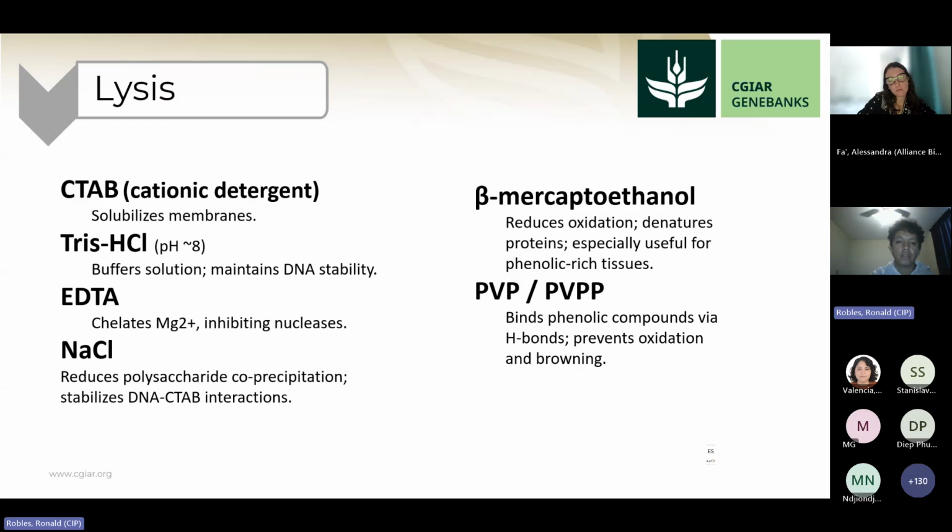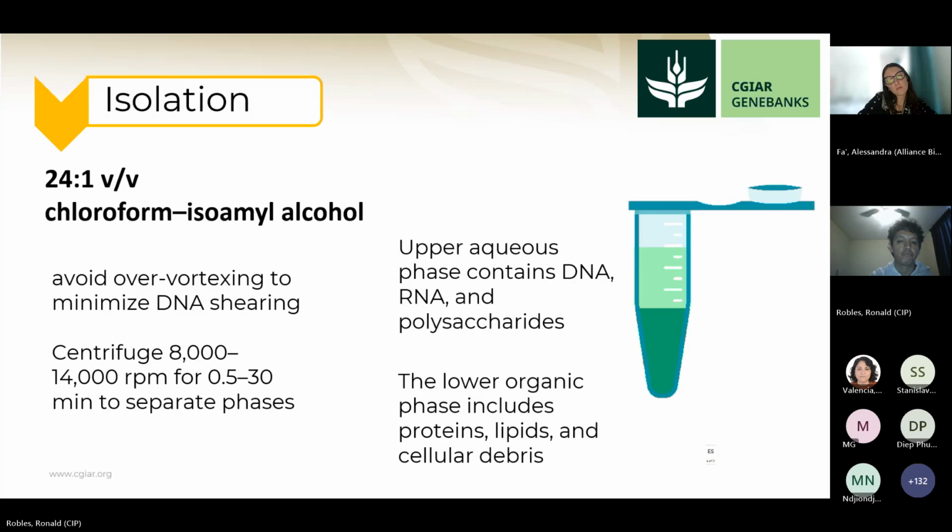So these molecules in combination give us the lysis of the membrane, the release of the compounds, and also avoid any other enzyme or molecule that can degrade or inactivate our DNA.